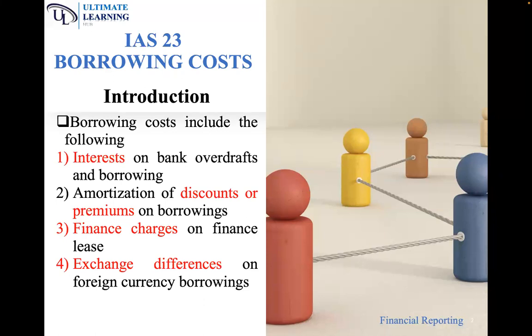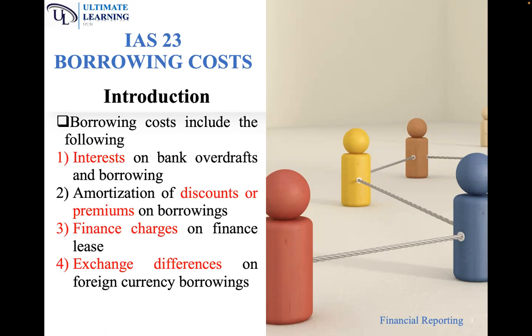So what does borrowing costs include? Borrowing costs includes interest on loans, be it bank overdrafts or just normal loans. And it may also include amortization of discounts and premiums on borrowings. And we will be looking at it in financial instruments.